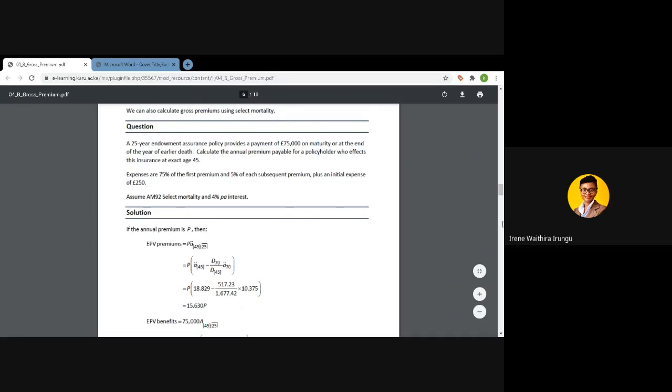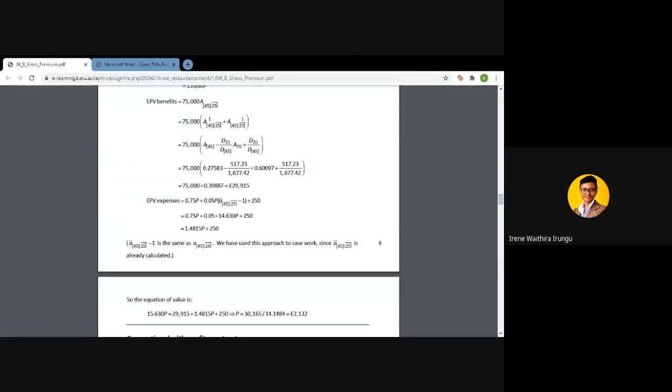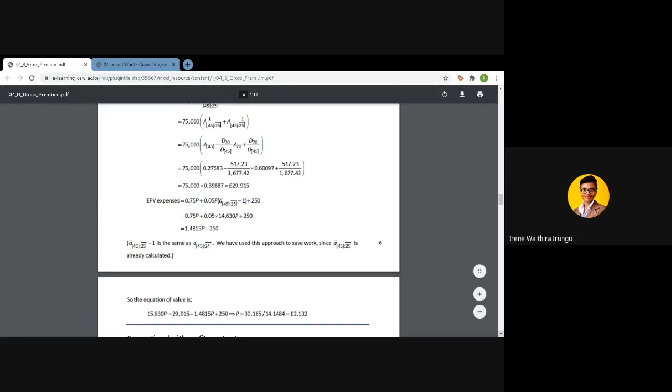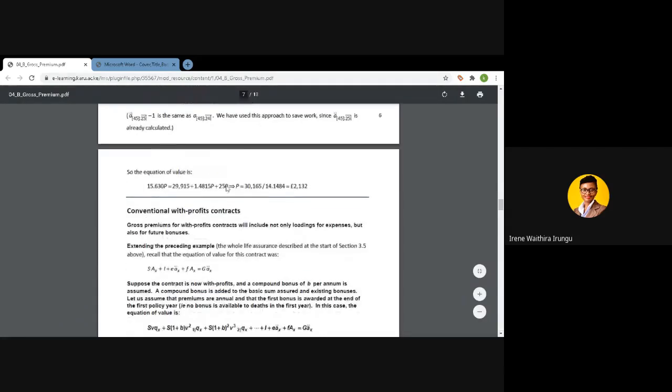So we need to get rid of the first term so that our EPV for that expense will be 5% P, a double-dot 45:25 minus 1, plus now the initial expense of 250. So again, ensure you solve for this, substitute it in the equation of value, and then solve for the unknown P, which is what we required.